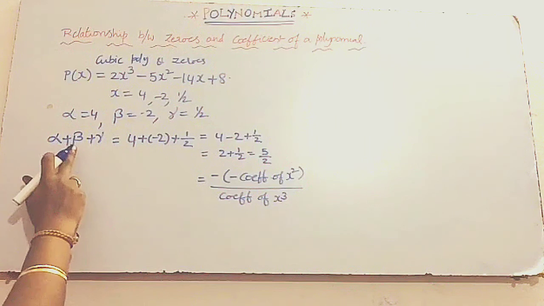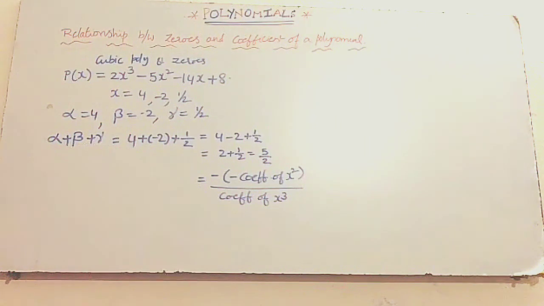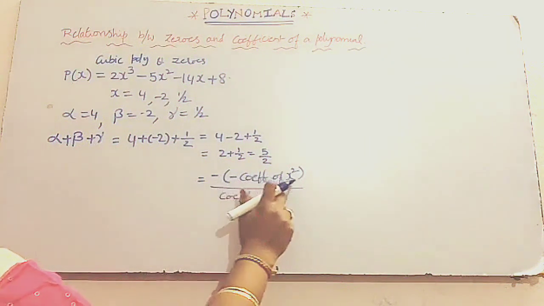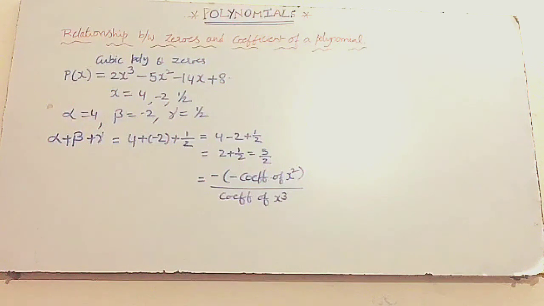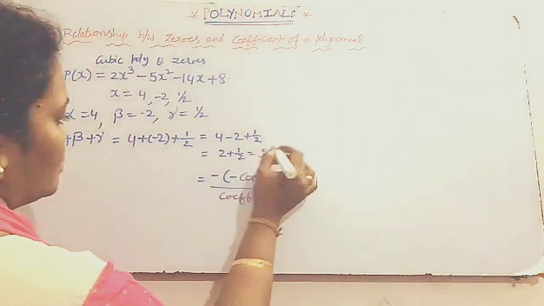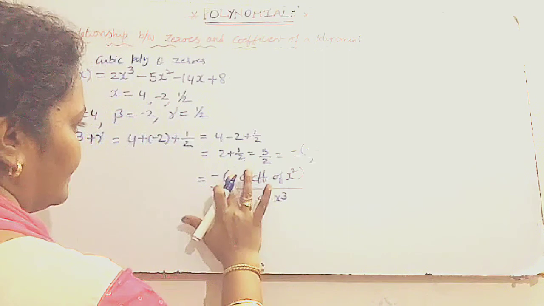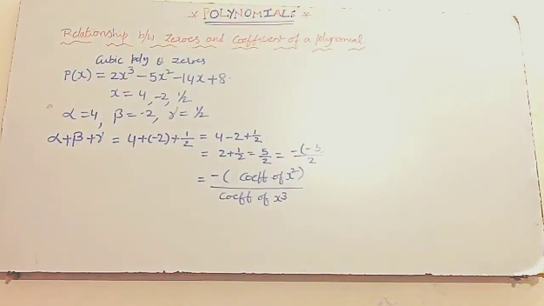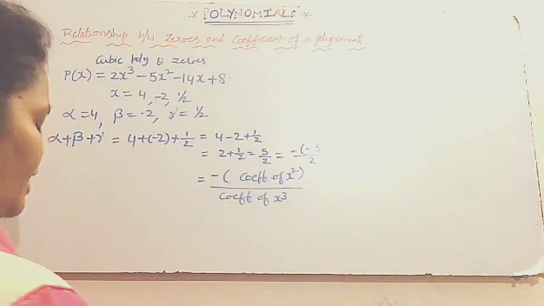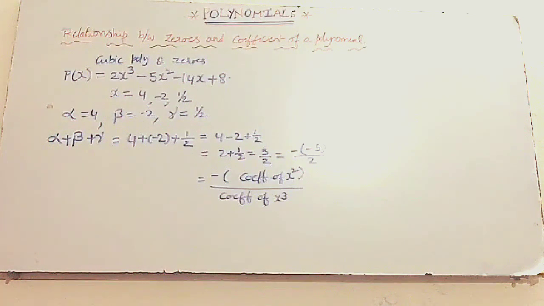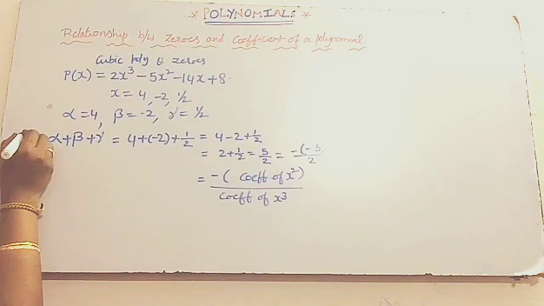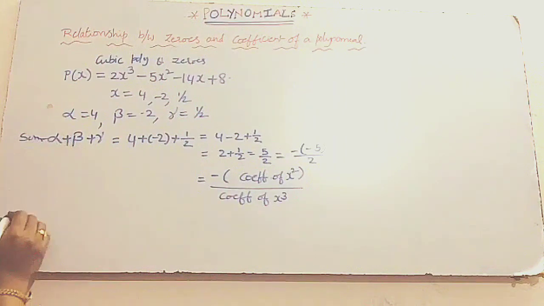So alpha plus beta plus gamma equal to minus of minus coefficient of x square by coefficient of x cube. So I will write minus of minus 5 by 2. Then minus of coefficient of x square by coefficient of x cube. Next again product. This is sum and next product.